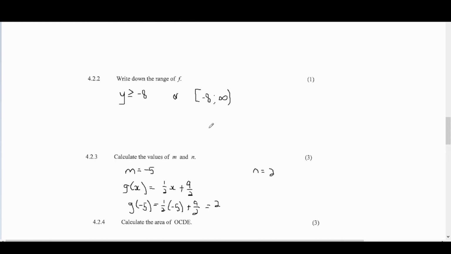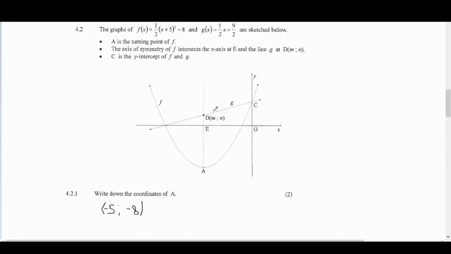Moving on to calculating the area of OCDE. Okay, so we have OCDE. So it's this little area over here. Can I just shade it a little, make you see? Okay, it's just that nice area. And so there's a few ways of calculating the area of this.